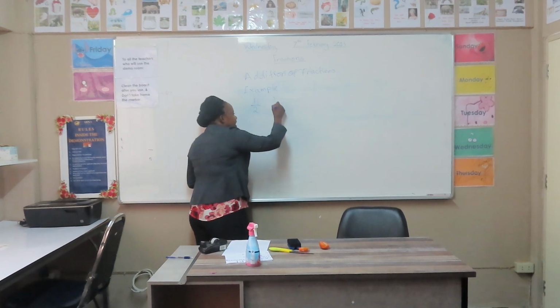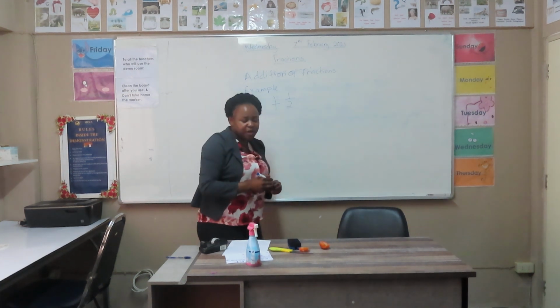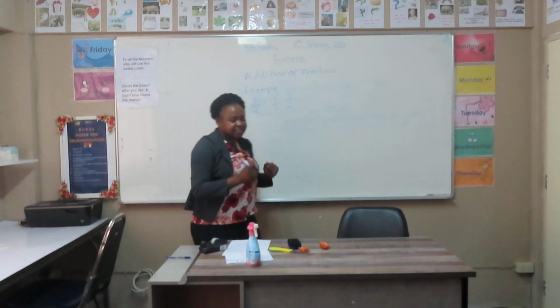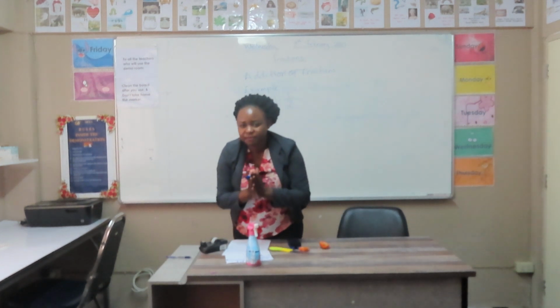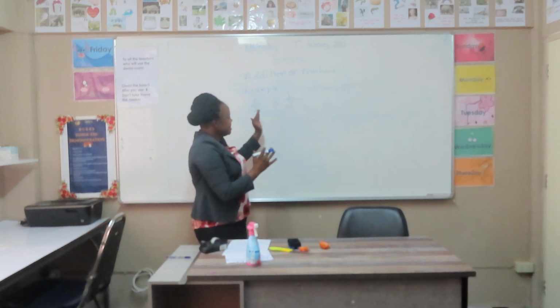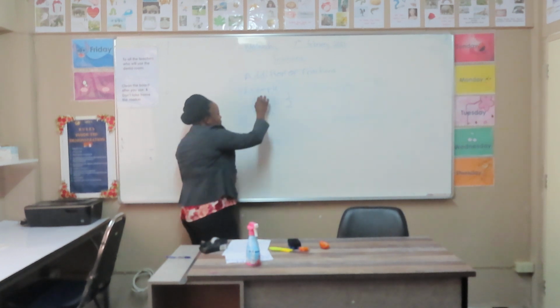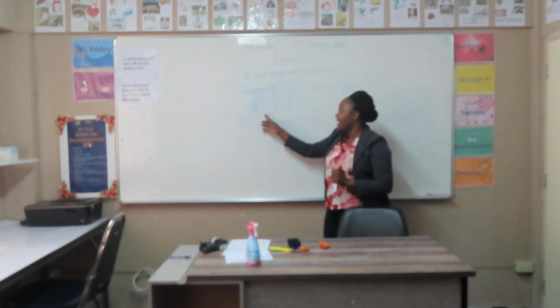So we are going to add a half and another half. The operational sign that we are using today is plus. Plus means to put together. Yes, we are going to put together these two fractions. These fractions have something alike.